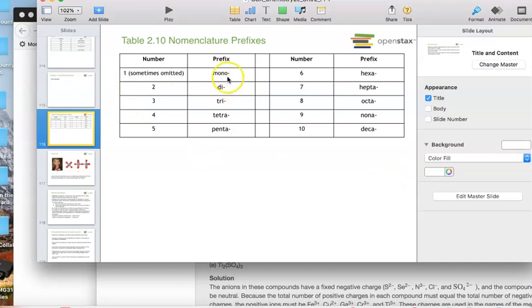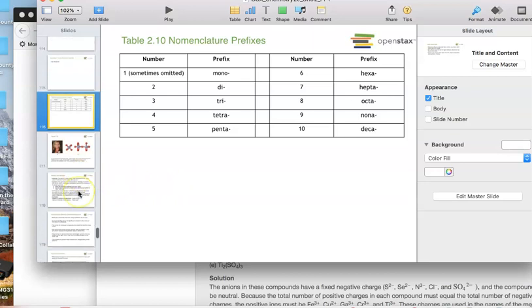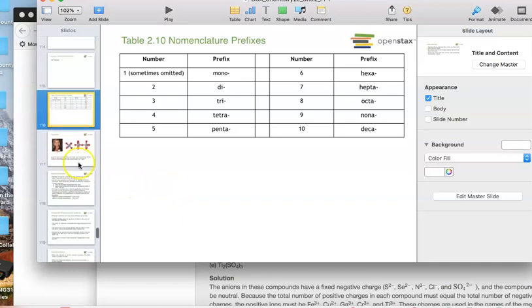So if you have 1 atom, it's referred to as mono, 2 is di, 3 is tri, 4 is tetra, 5 is penta, 6 is hexa, 7 hepta, 8 octa, 9 nona, and 10 deca. Okay, so you have to memorize these prefixes, or else it's going to be very difficult to name molecular compounds.